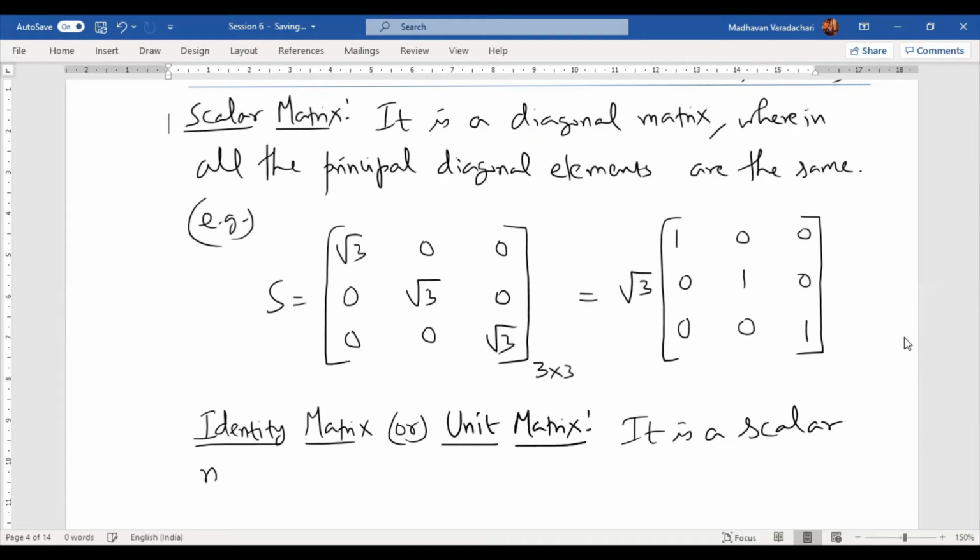It is a scalar matrix. Scalar matrix means it will be like this. Suppose if it is of order 3 by 3, it is like this, but it is a scalar matrix wherein the scalar constant is unity.